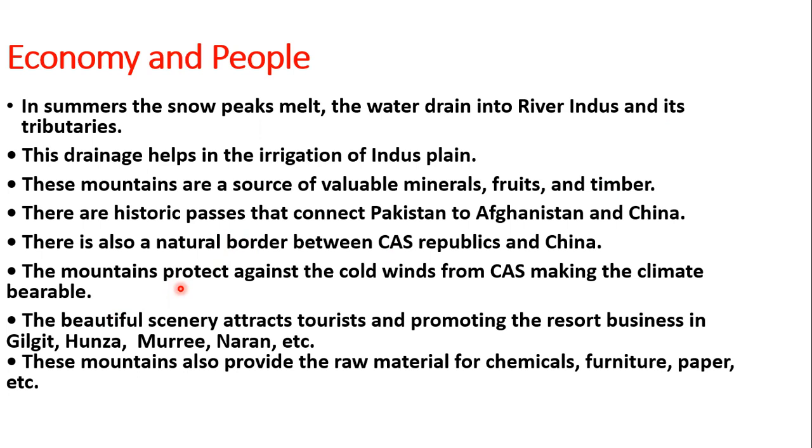You all understand that there is a system of winds which blows throughout this planet Earth. So the winds which blow from the Arabian Sea travel to the east and the northeast, and they strike against these highest mountains, where they become cool and transform into water or snow, and then, when they are filled with the cold, they come down to the hot areas in the center of Pakistan and cause rains.